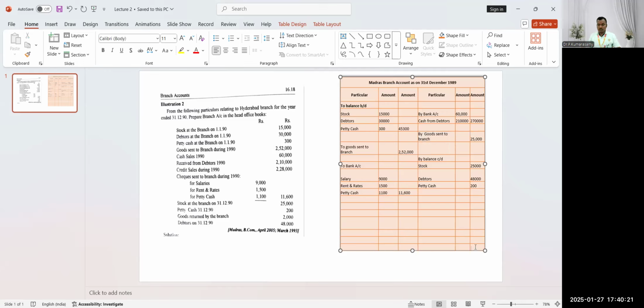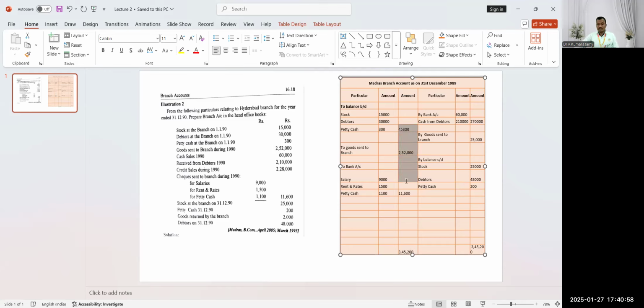Now compute the total amount here on the credit side: 3,45,200. The debit side amount should also be the same, 3,45,200.